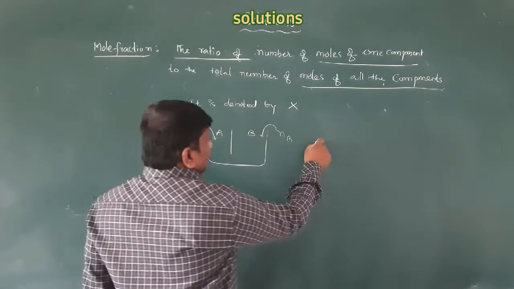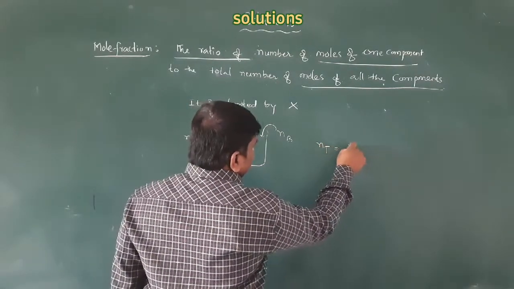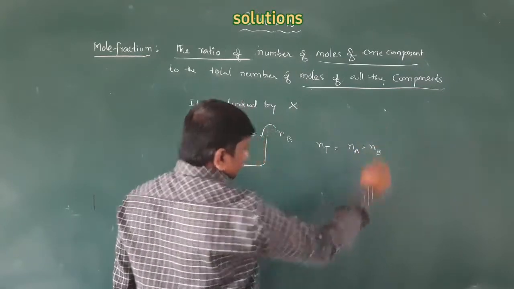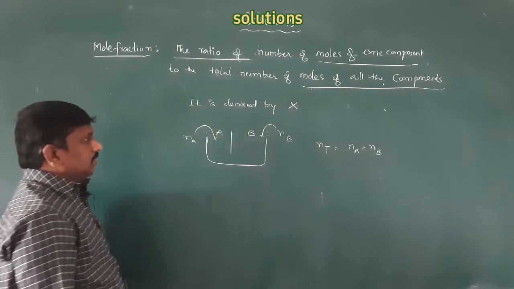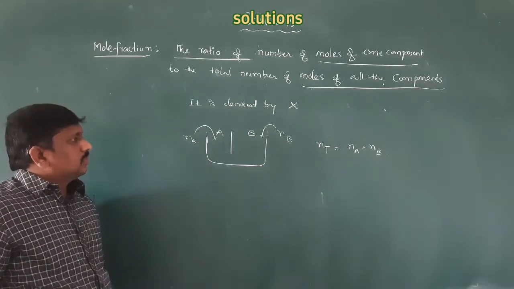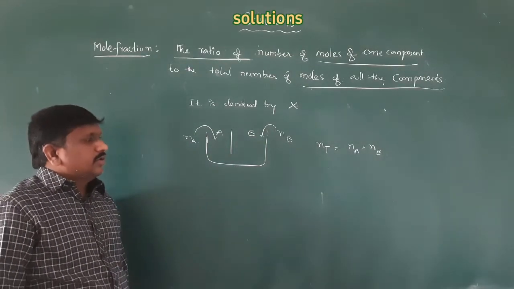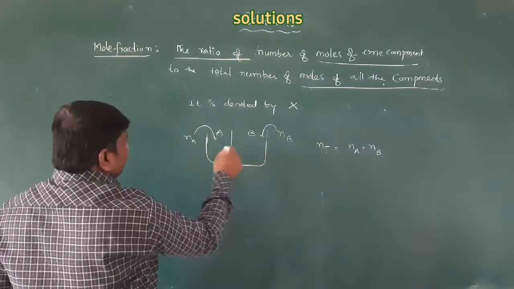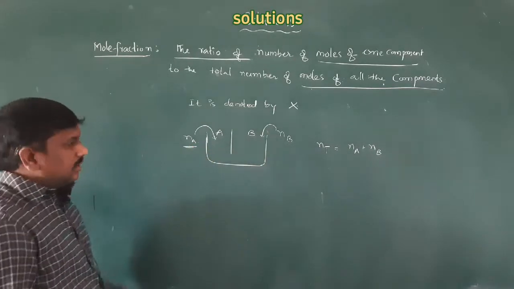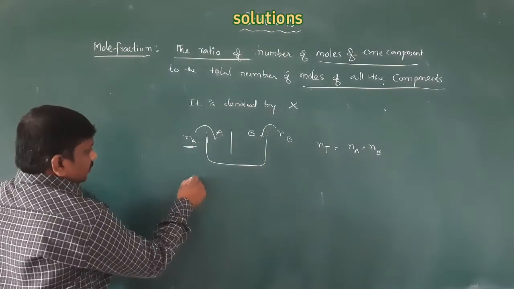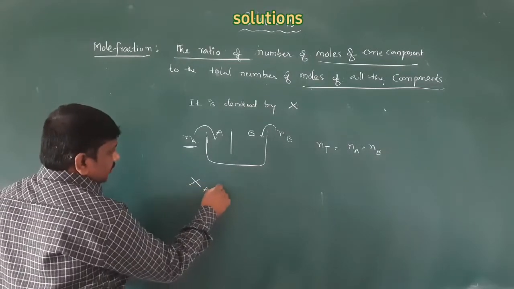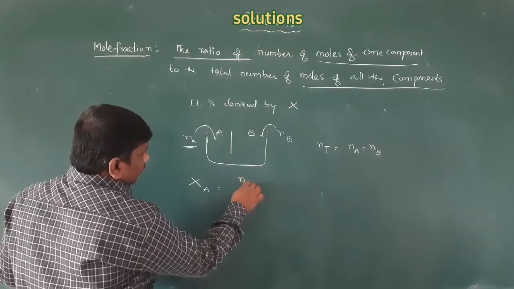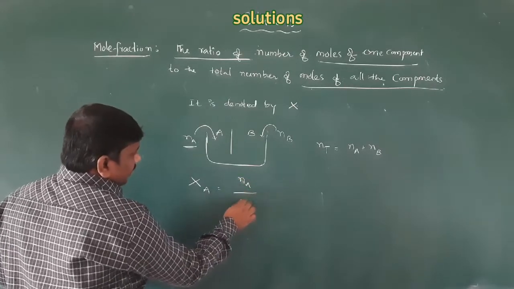Now the total number of moles NT is equal to the number of moles of A plus the number of moles of B. Now the mole fraction of the solute, or component A, is equal to the moles of A by NT.